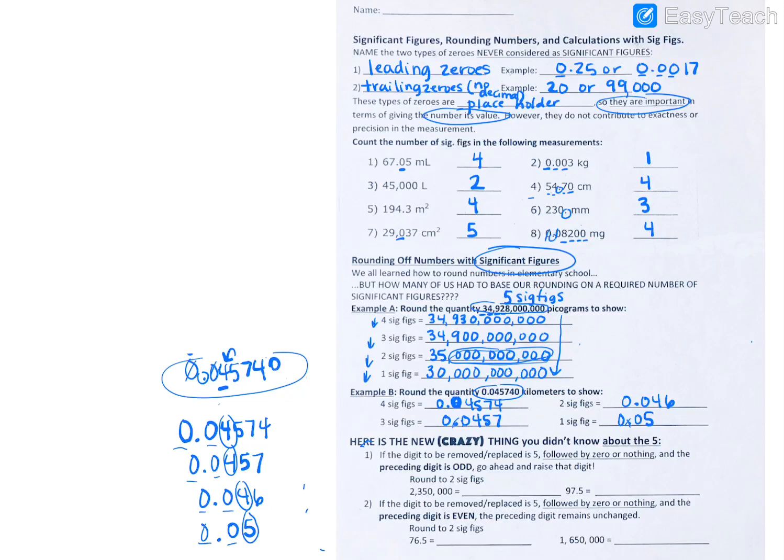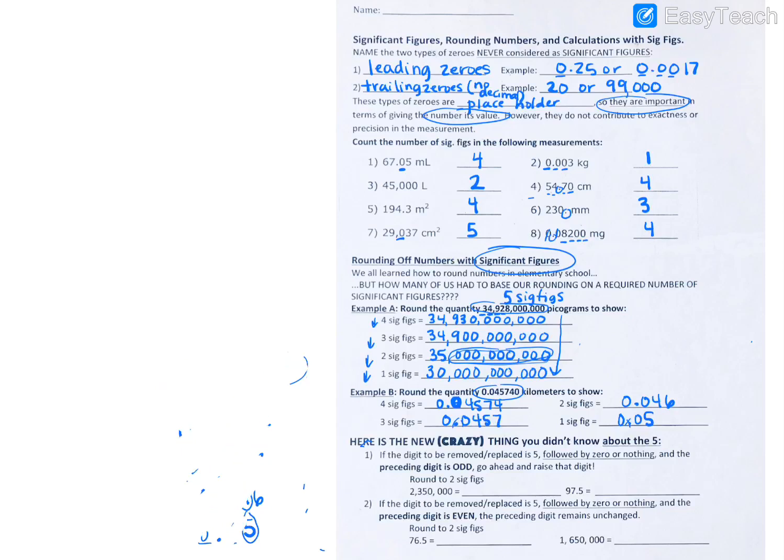So now it's time to talk about this crazy thing about the 5, okay? So basically, as I was saying earlier, you guys have always learned that if it's 4 or lower, that you do not round your number up, but if it's followed by 5 or higher, you do. Well, so here's the deal.